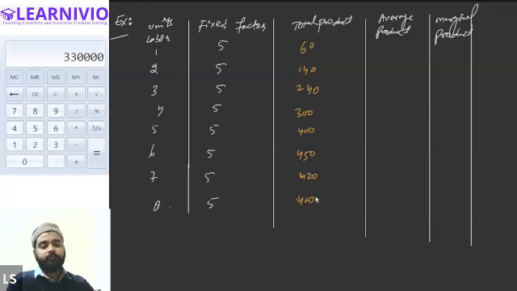Okay, so this is it. This is the value of the total product. We have applied 8 labors, and by applying 8 labors, we have got total product of 60, 140, 240, 300, 400, 450, 420, and 400.